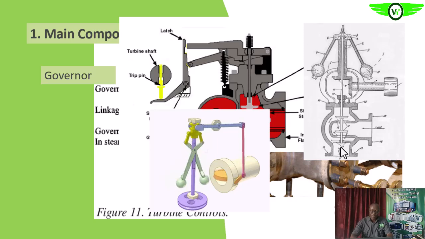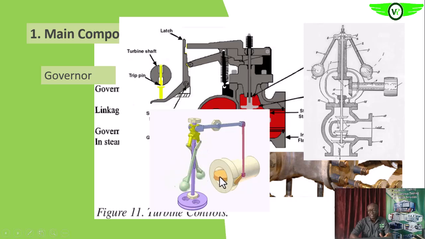So this is what we've been discussing. If you look at this dead weight, as the speed is increasing, what happens? You see that the dead weight will be opening up. As it is opening up, this butterfly valve, the disc of the butterfly valve, will be closing. As it is closing, that reduces the amount of steam administered into the steam turbine.